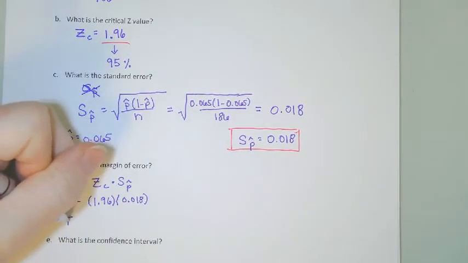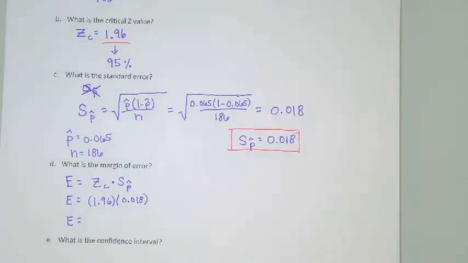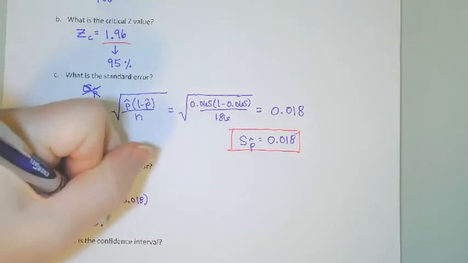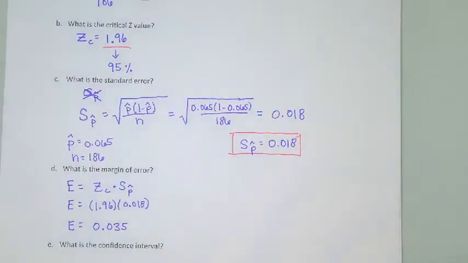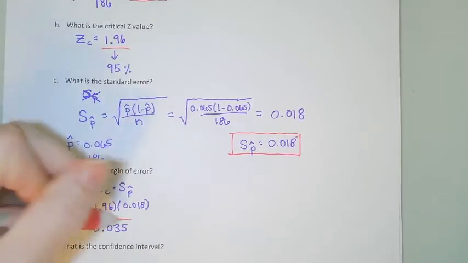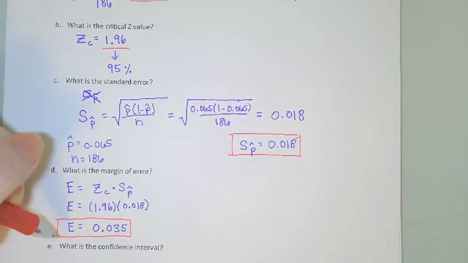Now I'm going to multiply those two together on my calculator and round to 3 decimal places. That gives me 0.035. So this would be our margin of error.